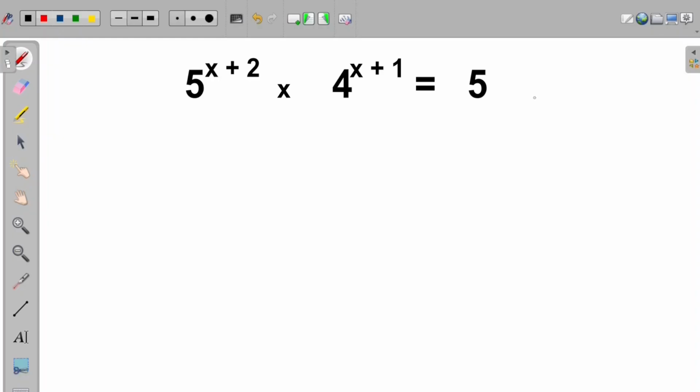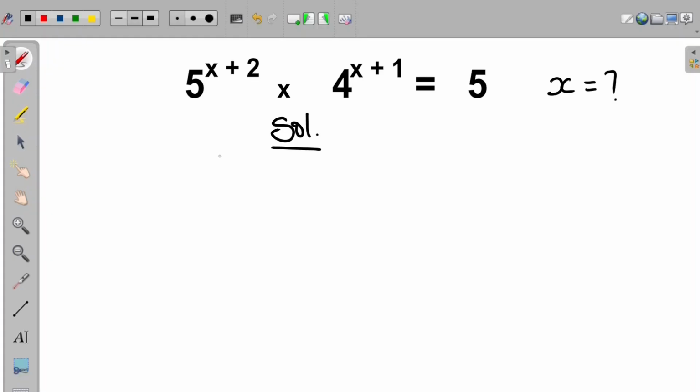We are asked to obtain the value of x, given that 5 raised to the power of x plus 2 multiplied by 4 raised to the power of x plus 1 is equal to 5. Now, let's dive into it. This is a technical question because we do not have the same base at the left-hand side.